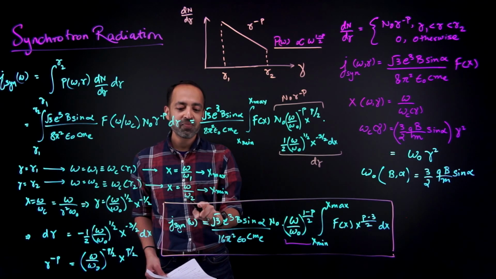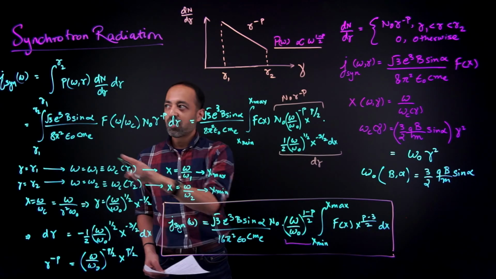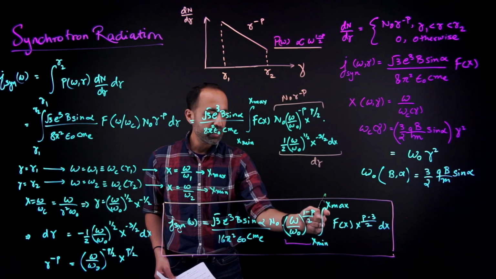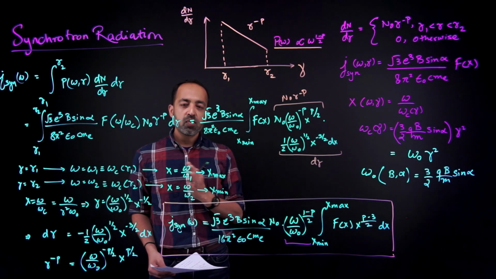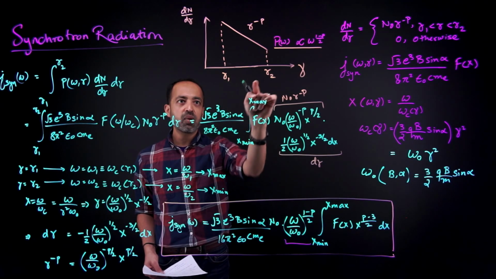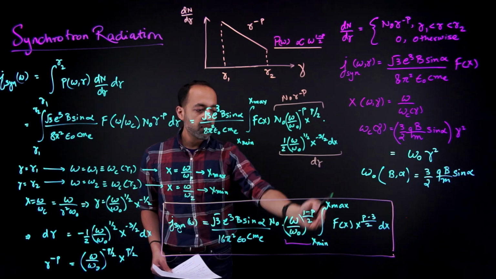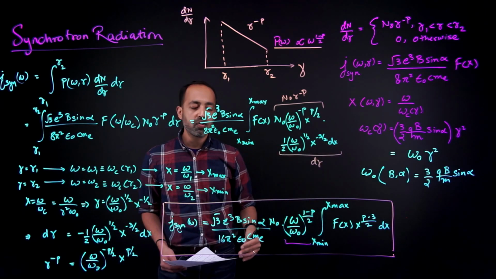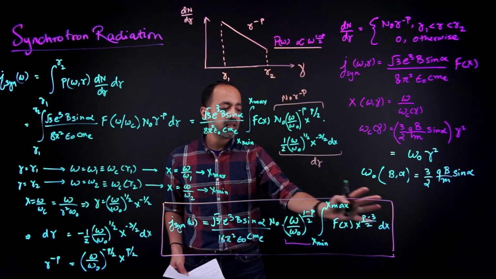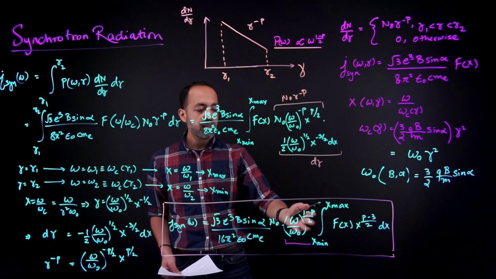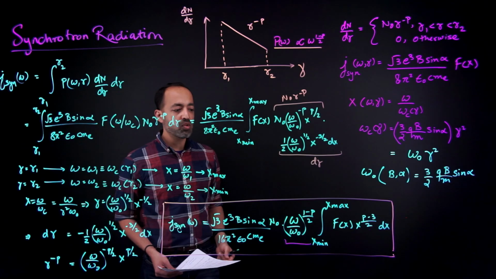So our observing frequency sets the limits of this integral. And for regions we are interested in here, between gamma 1 and gamma 2, we will see that we can basically expand these limits of this integral from 0 to infinity. And when we do that, this whole thing just becomes a p-dependent number. And there's no omega dependence in this expression anymore.